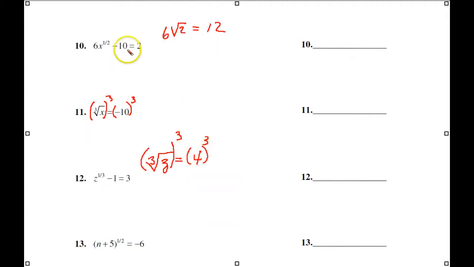Okay, I've done a little bit to this. I've converted this to this. So I will now square. Well, here's a case where before we square something, I'm going to divide both sides by 6. So I now get the square root of x here equals 2.